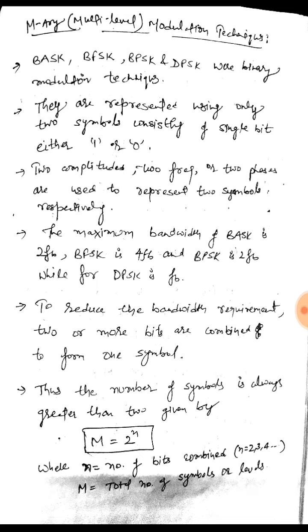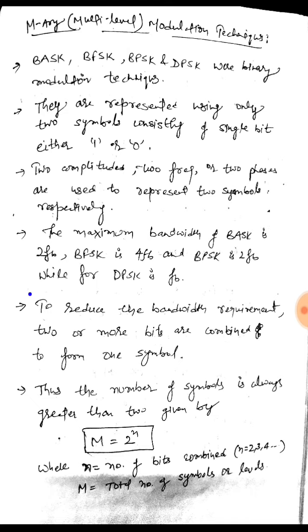All of them were binary modulation techniques in which only a single bit, 1 or 0, was used to represent the two symbols. That is, one symbol was represented by using one bit.